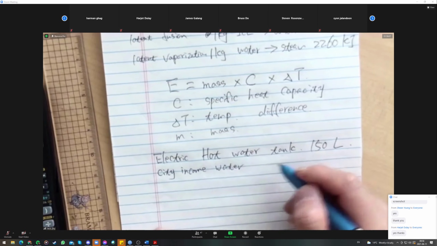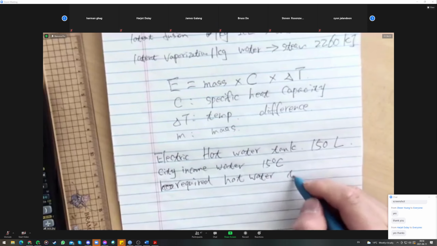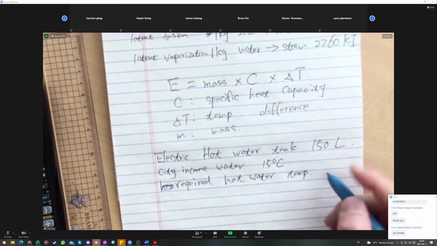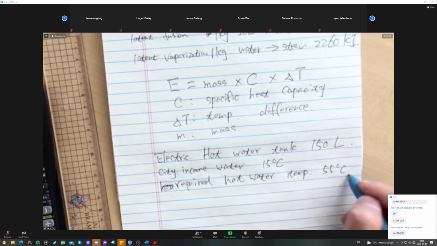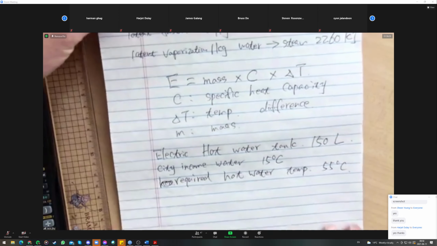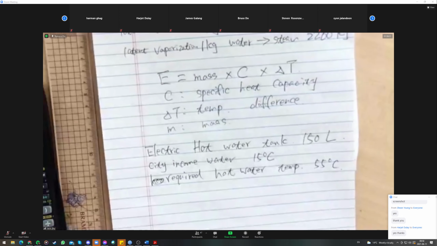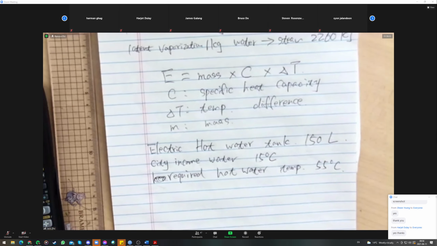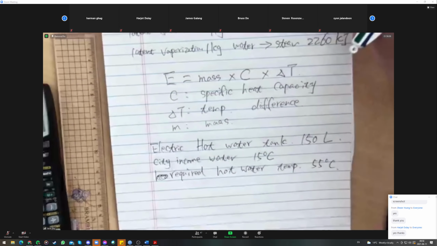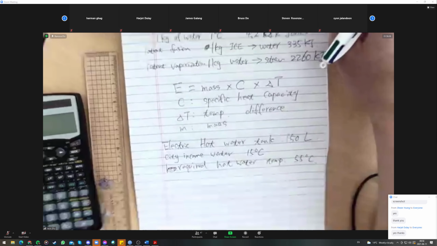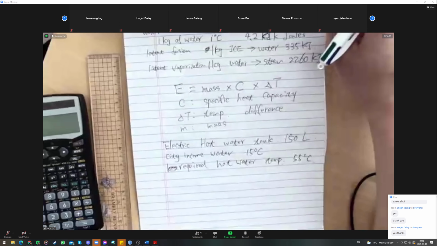The required hot water temperature is 55 degrees. So we can calculate how much energy we require to heat them up.